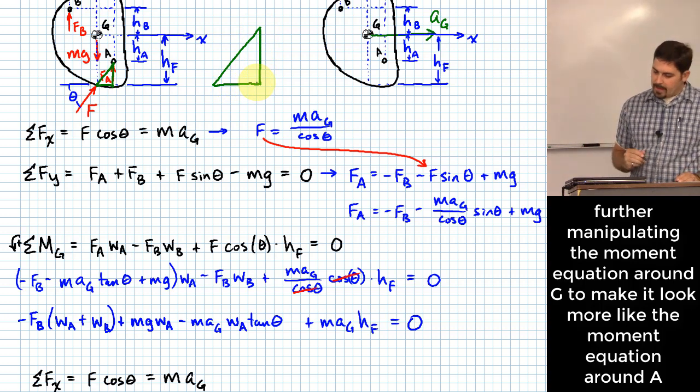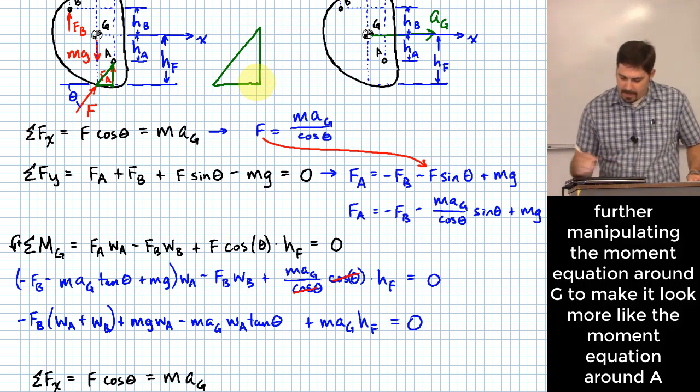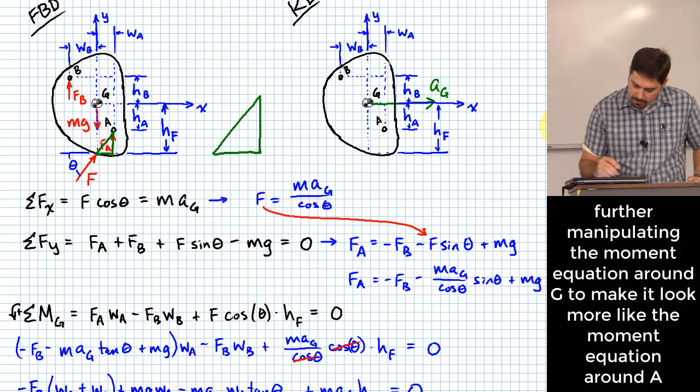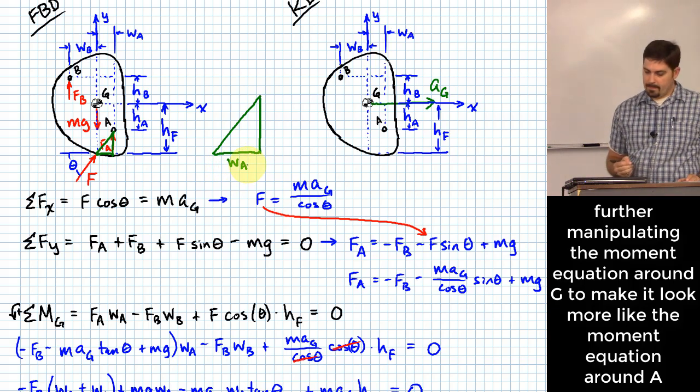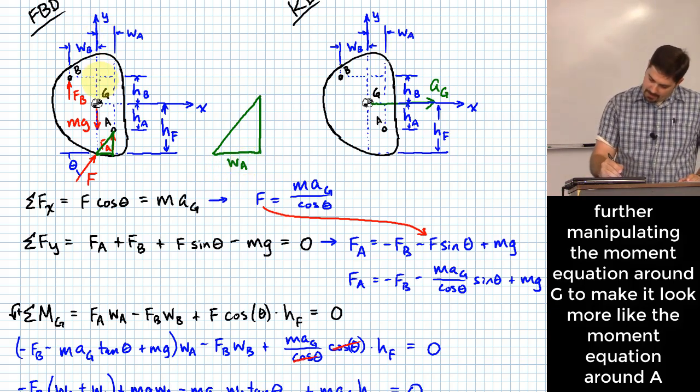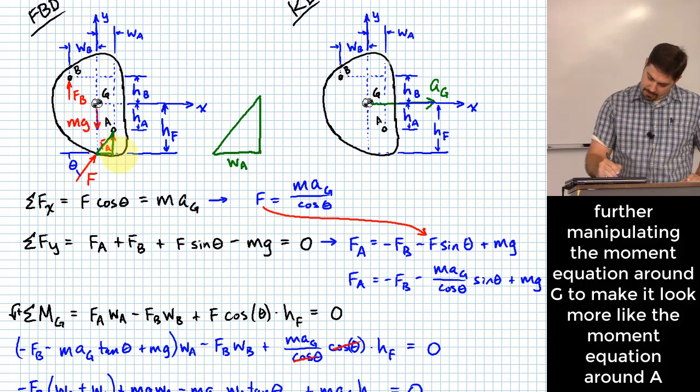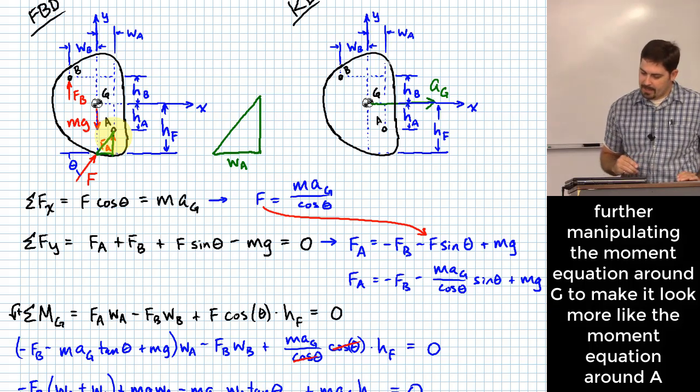Okay. That triangle right there, we know some things about it. For one thing, we know that the base of it is WA. Would you agree with that? Because if this WA is measured from this line, kind of the y-axis right there, over to A, that's how far that is.